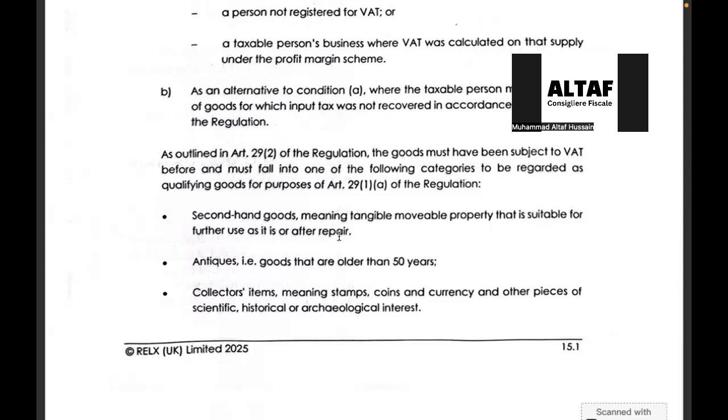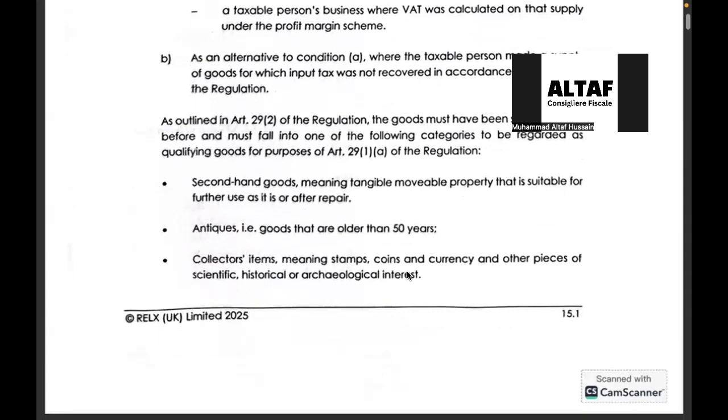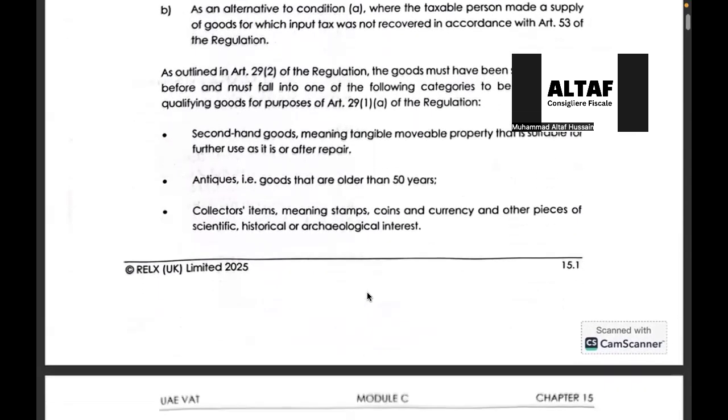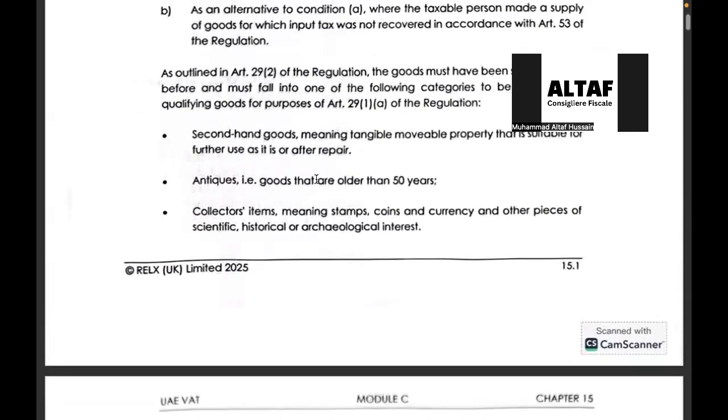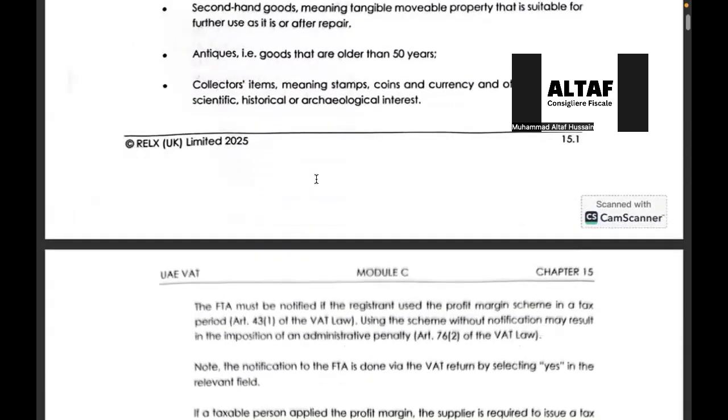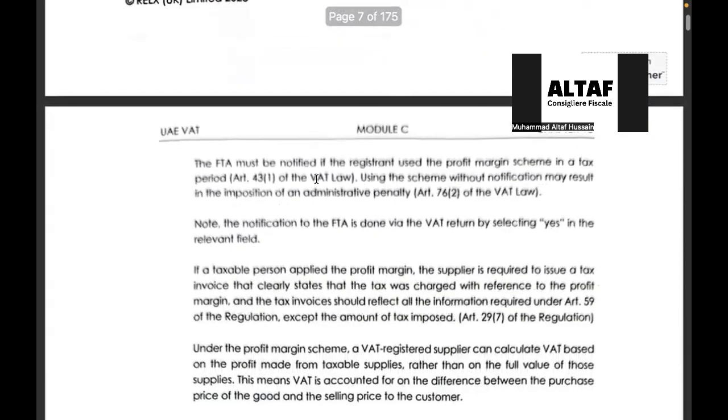So basically the biggest category is second-hand goods. Those goods also could be second category antiques, goods that are older than 50 years. And another category, collector's items, meaning stamps, coins, currencies, and other pieces of scientific, historical, or archaeological interests. So these are the categories which will be referred to as the qualifying goods under the profit margin scheme.